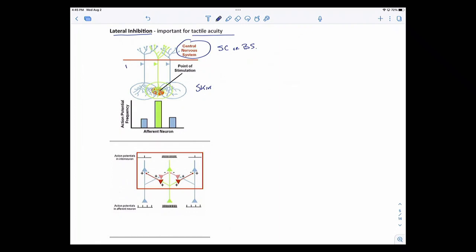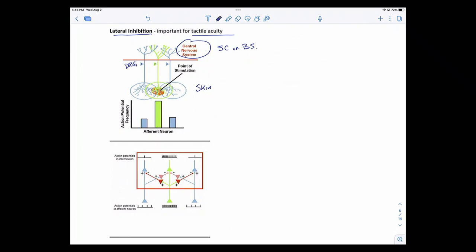If you're talking spinal cord, there's your DRG, so there's your pseudo-unipolar neurons there. And what we have here now are sensory fields. That's a sensory field, that's a sensory field, that's a sensory field. What you have here is intersecting or overlapping sensory fields.